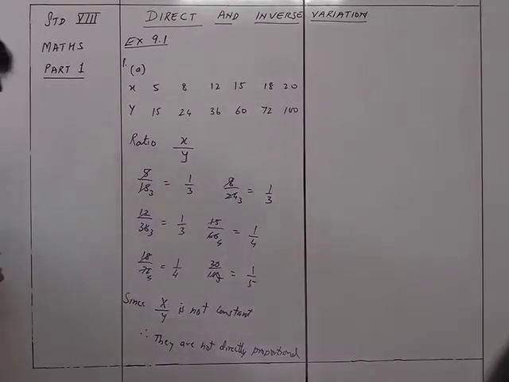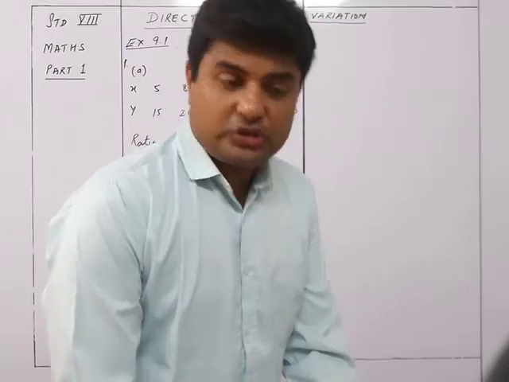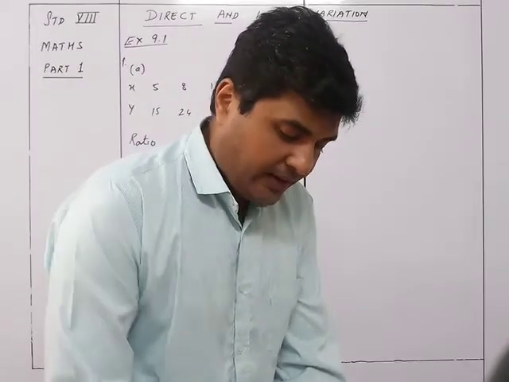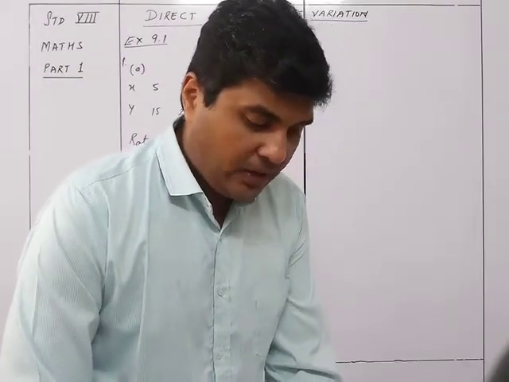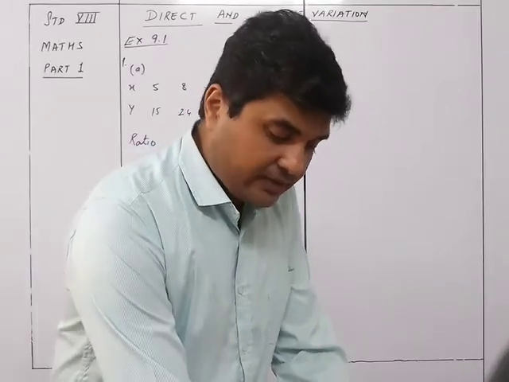So we get the answer that they are not directly proportional because the ratio x upon y is not coming out to be a constant value. If it would be a constant value, then it would have been.